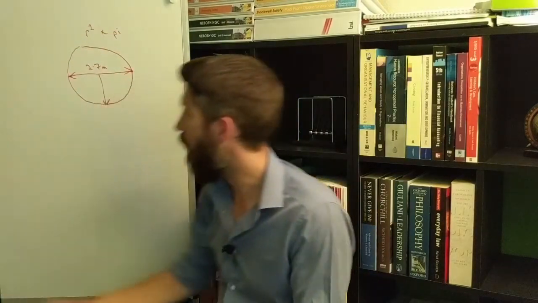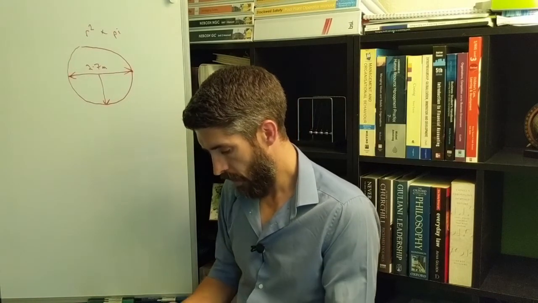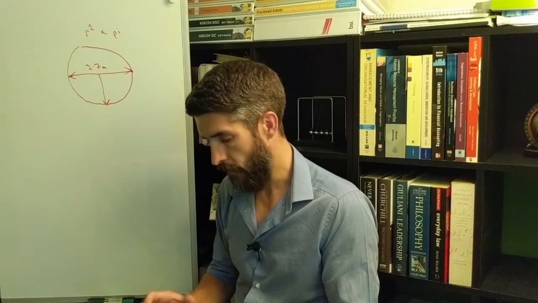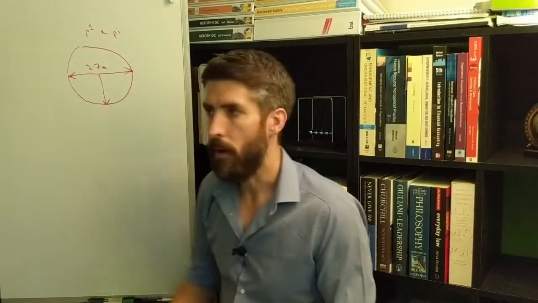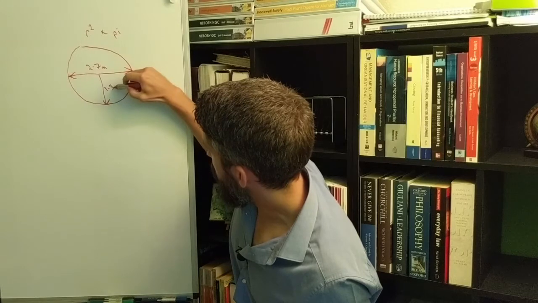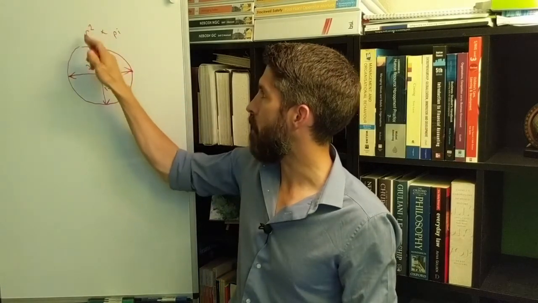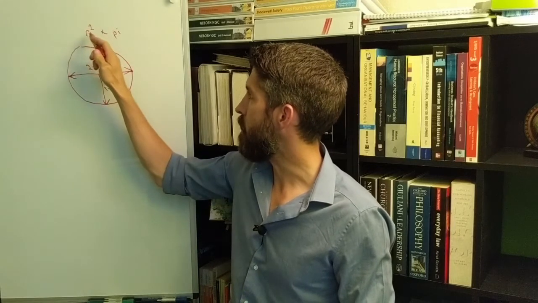So it's basically half of 2.7. 2.7 divided by 2 is going to give us 1.35 meters.